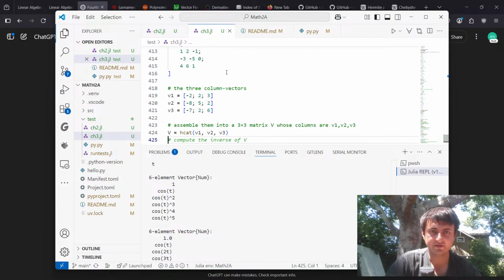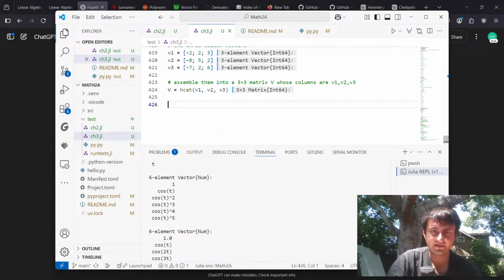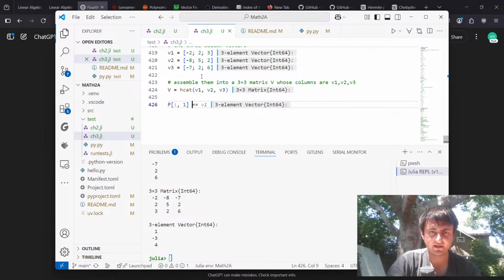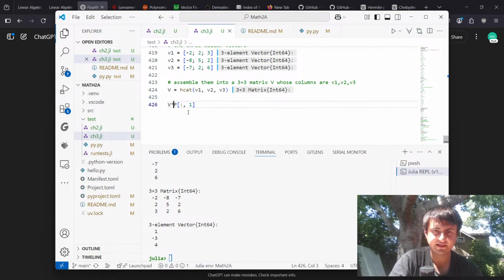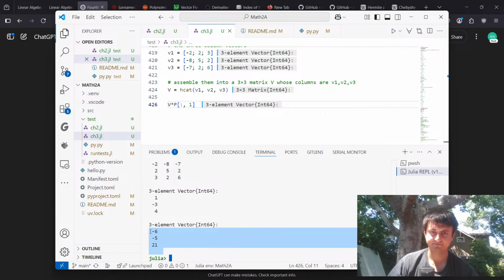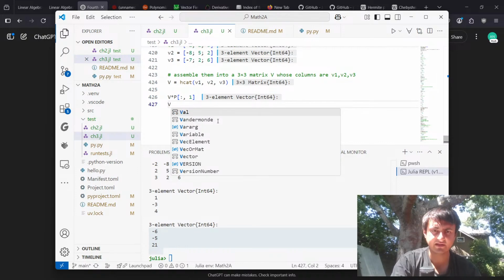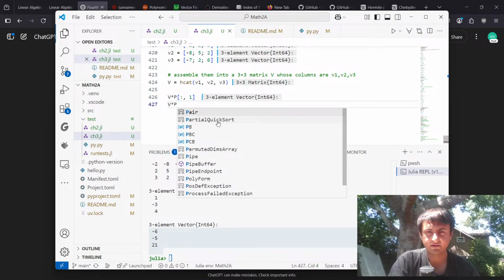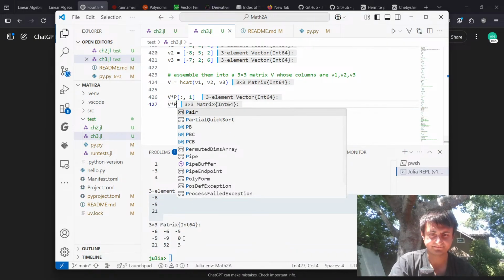All right, so we have P and V. If we take P's first column and do V times that, then this should be U1. So U is going to be this.